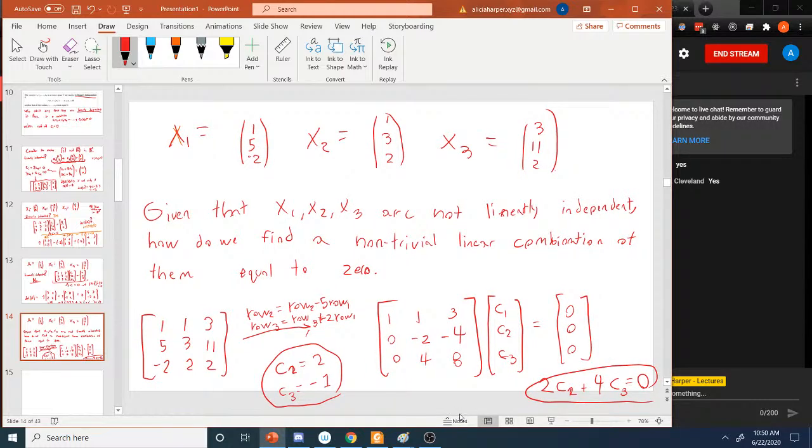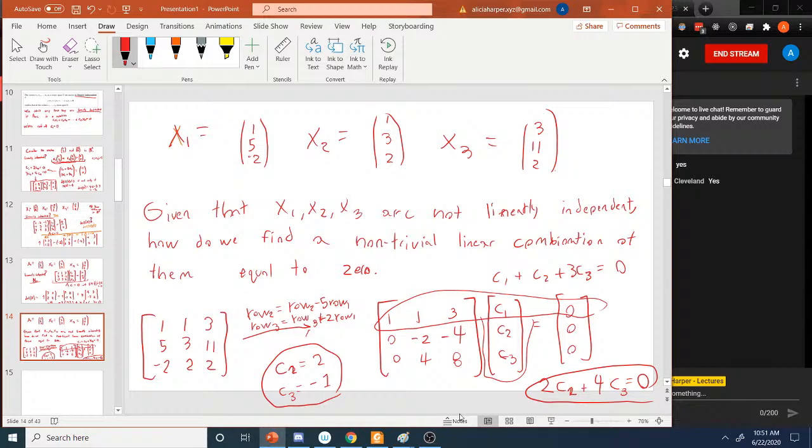Now, let's look at our final equation, namely this one. If I multiply this column by this row, I'm also going to have the equation C1 plus C2 plus 3 C3 is equal to 0.